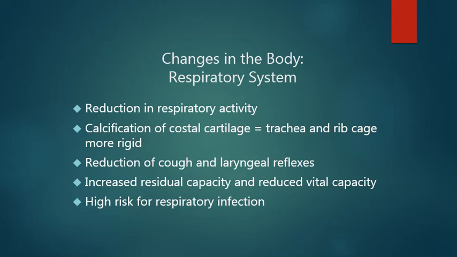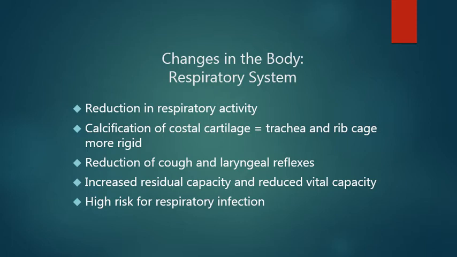So let's look at the changes in the respiratory system specifically. You've already had education from our staff about the respiratory risk and dangers. Well, take into account that our older farmers, which average 58 and older, have a reduction in respiratory activity. There's calcification of the costal cartilage. The trachea and rib cage become more rigid.